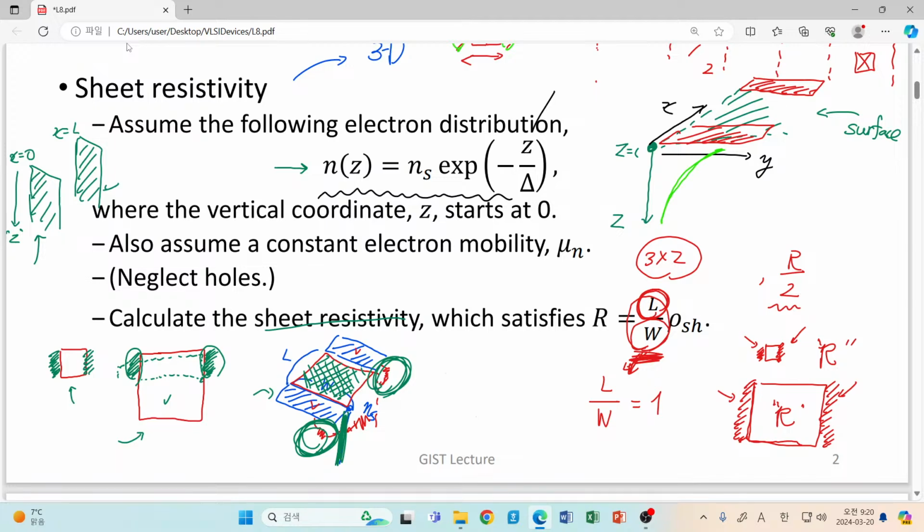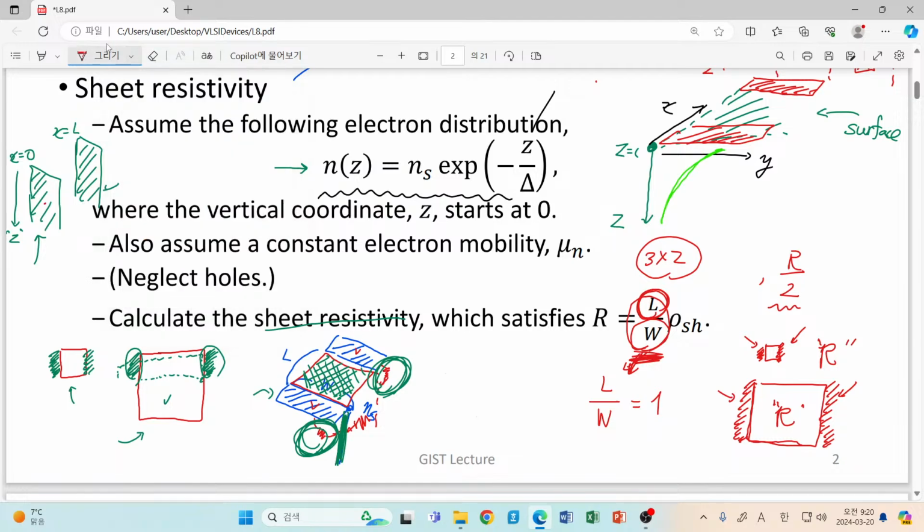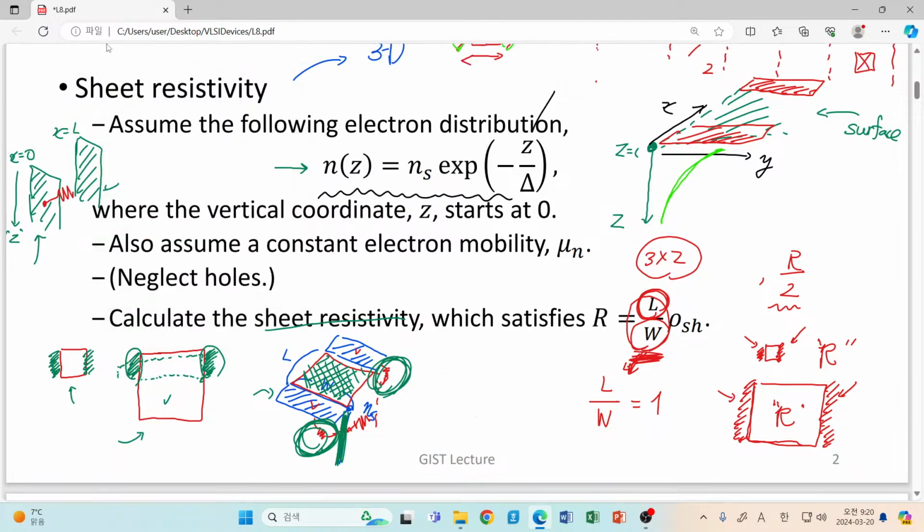Then please try to calculate the resistivity between this point and that point. That corresponds to the definition of your sheet resistivity.